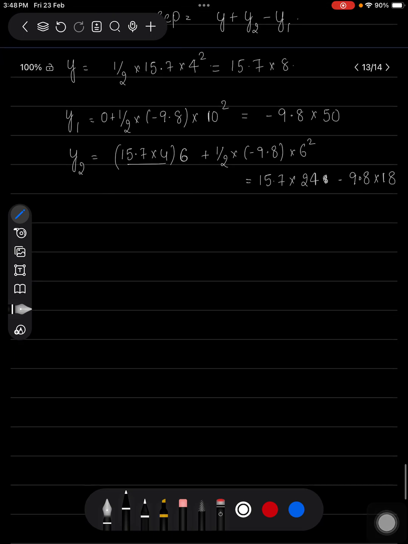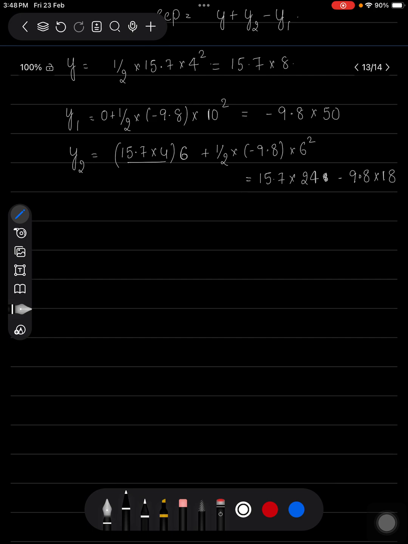So this can be written as, the separation y plus y2 minus y1 will be equal to 15.7 into 32, this is 24 here, and here one more 8 will get added, into 32, plus 9.8 into 32.